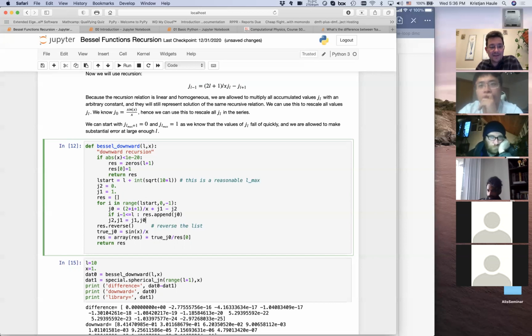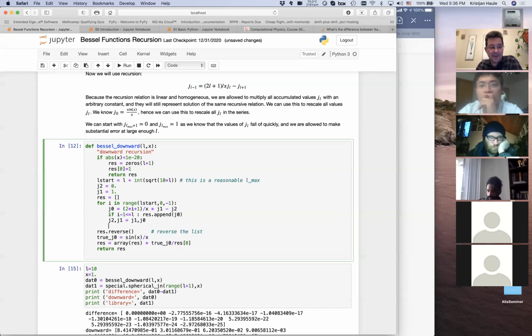Okay, so up to now, we have saved all the values from L down to 0. But the important point is that the first entry in this res right now is JL, next one is JL minus 1, and finally the last value is going to be J0. So they are saved in the opposite direction than we expect.